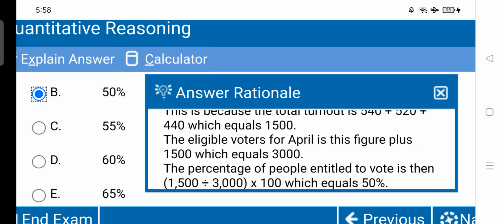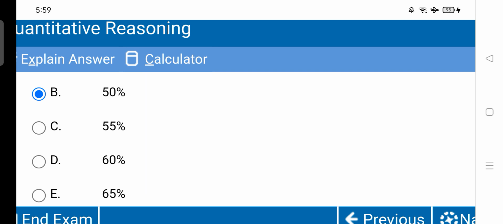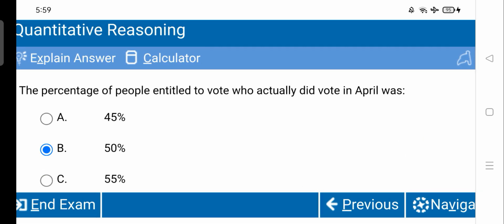So the percentage of people entitled to vote who voted is 1500 divided by 3000 multiplied by 100, which equals 50%. So that's how the correct response is option B, which is 50%, the percentage of people entitled to vote who voted in April.